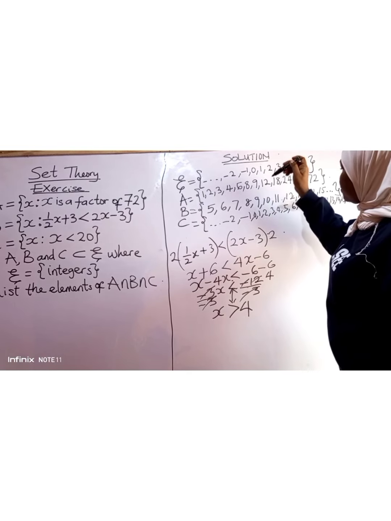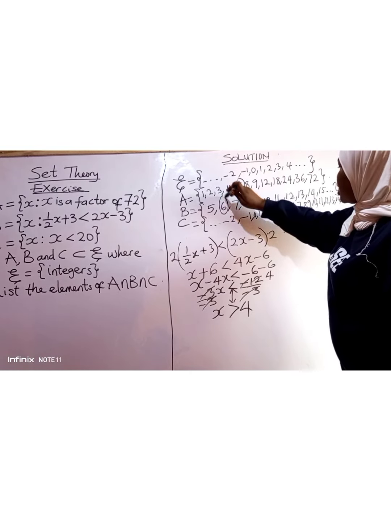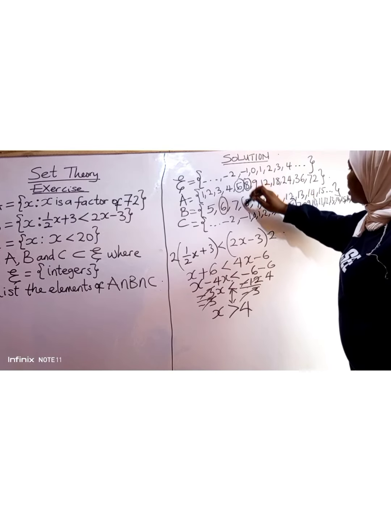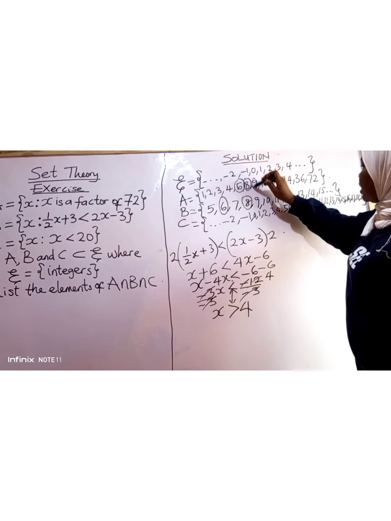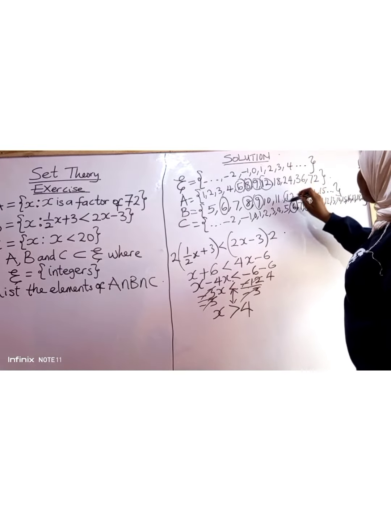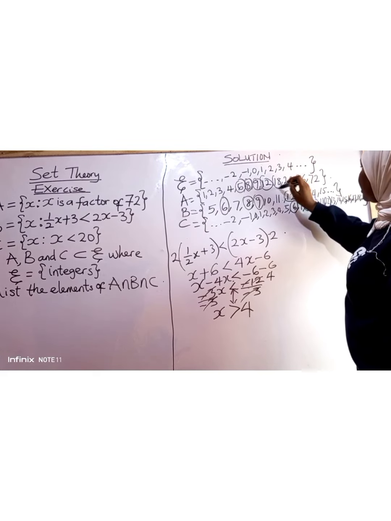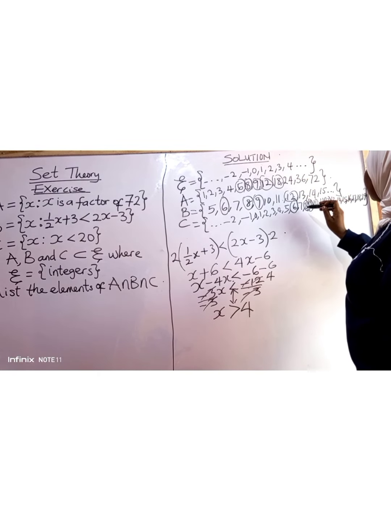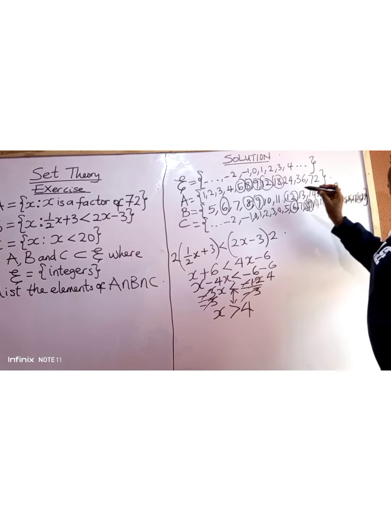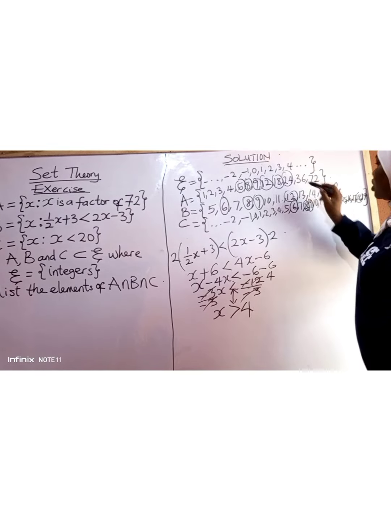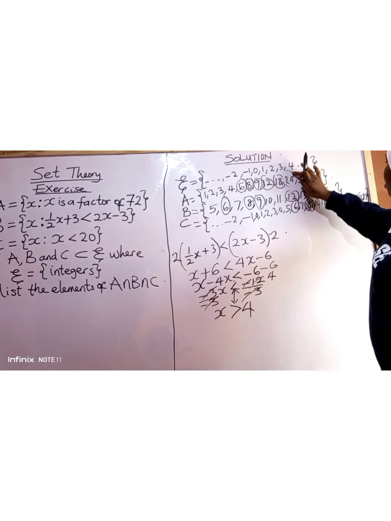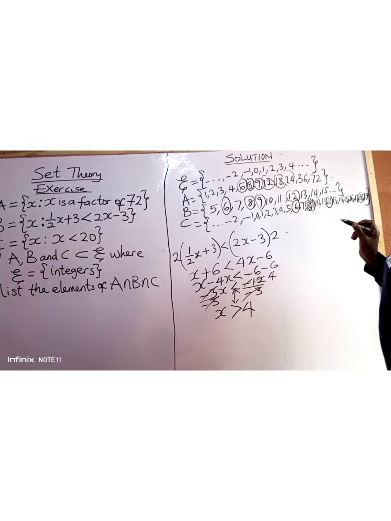6 is here, 6 is also here. 8, 9, 12, 18. 18 is here, 18 is also here. 24 is here, but 24 is not in C. So that means we are stopping at 18.